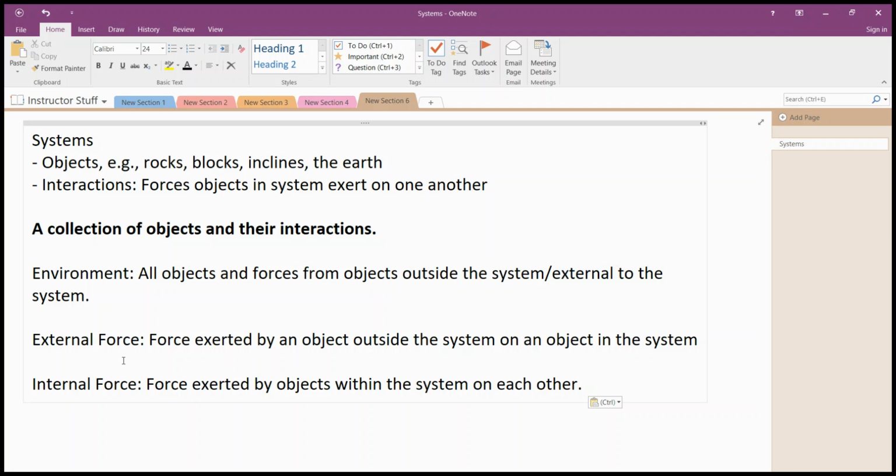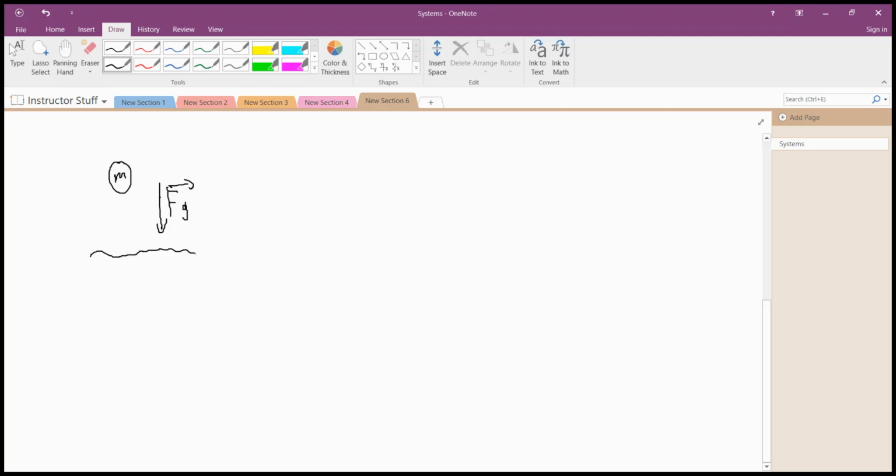Let's now see an example of how this works. Consider the following simple scenario. We have a rock falling under the influence of gravity to the ground. There are two systems we could define here. Let's consider the system of the rock alone. In this system, the only object in our system is the rock.